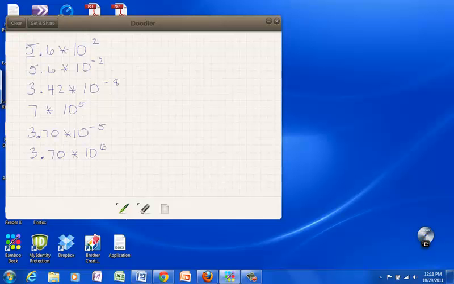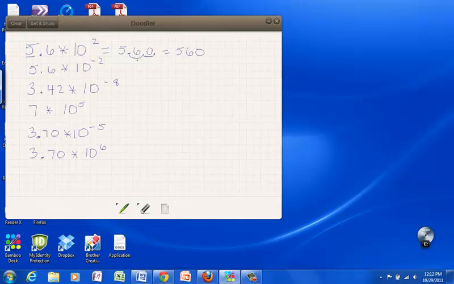There's some good examples. So when I have a number 5.6 times 10 to the second power, that 10 to the second power actually moves the decimal over 2 places. Now if there's a 6 here, I have to fill in a 0 for that number to be correct. So the answer would be 560 in ordinary notation.